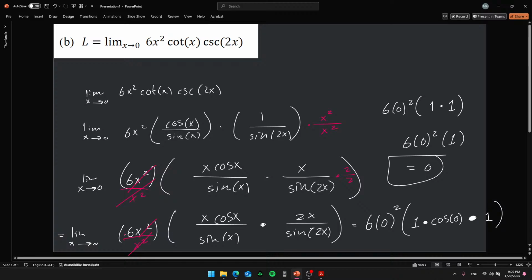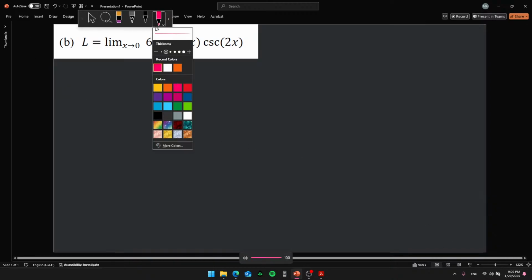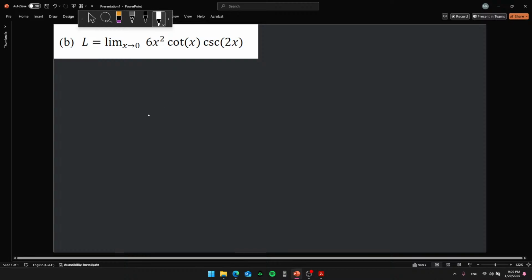And I mean, let's solve it again because limit as x approaches 0, 6x squared.